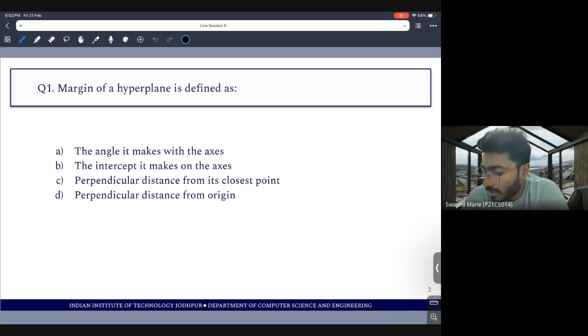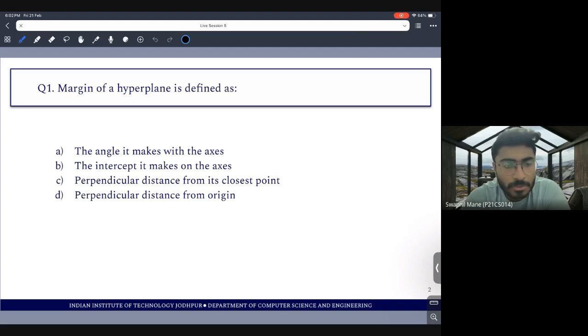So the first question states that a margin of hyperplane is defined as: A, the angle it makes with the axis; B, the intercept it makes on the axis; C, the perpendicular distance from the closest point, where closest point means from either of the classes; D, the perpendicular distance from the origin.